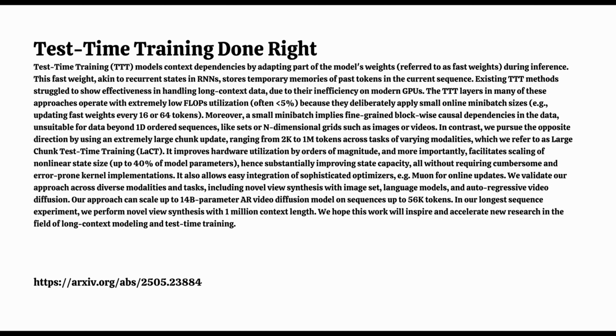All right, we've done a pretty thorough technical deep dive into LaCT. We've seen its core idea of using large chunks for test time training, the interplay with window attention, the specific architectural choices around update orders and nonlinear states, and how the experiments support these technical designs across different types of data. Exactly. And perhaps a key technical point to leave you with is the flexibility LaCT seems to offer.